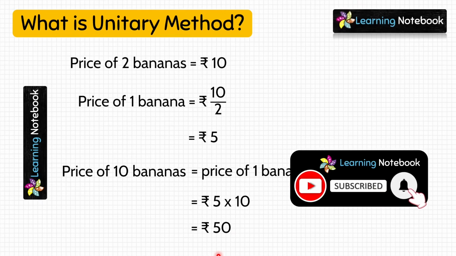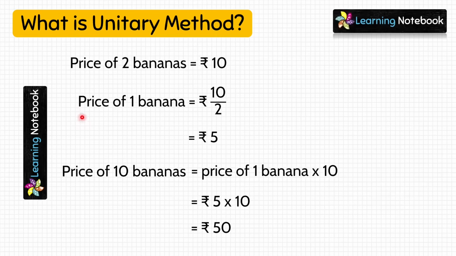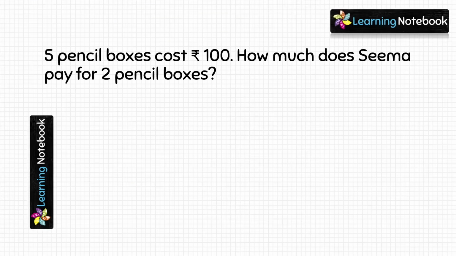So students, this is the unitary method where first we calculated the price of 1 banana and then we can calculate the price of any number of bananas. Let's do one more question. 5 pencil boxes cost rupees 100.